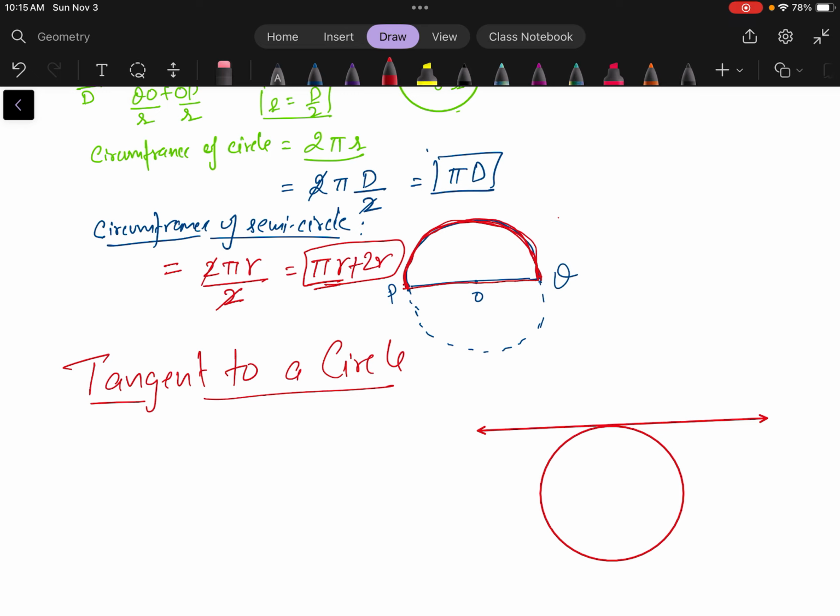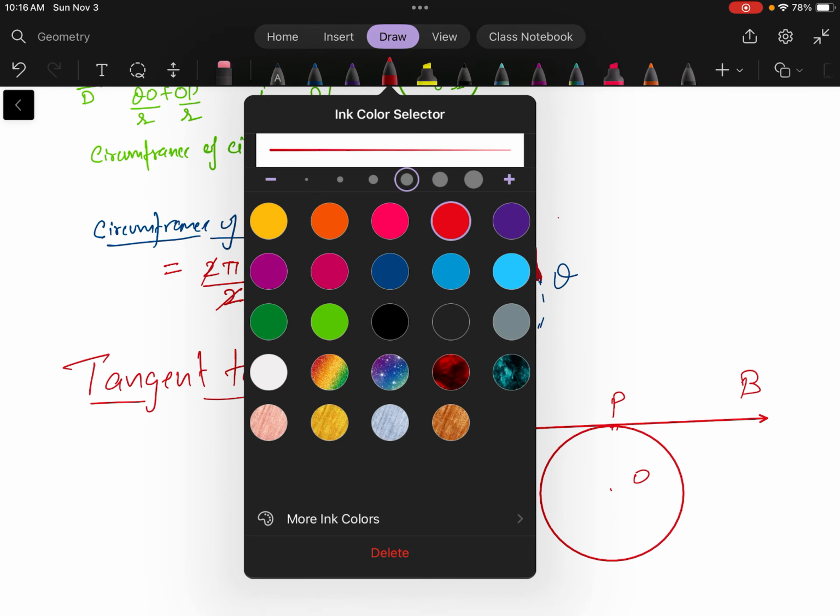Another property is that it intersects the circle at only one point. So it is intersecting this circle at this point P. Let's say AB is the line that intersects the circle at point P, and the center of this circle is O. Now let's write the definition so that it will be a little more clear.